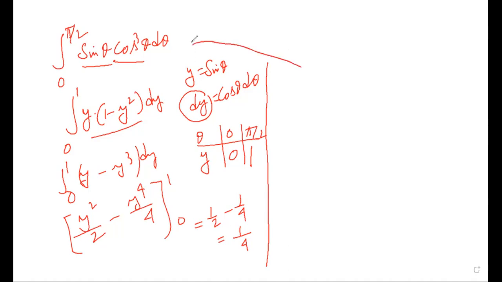See, from this expression we can write, very carefully, I leave sine theta as it is, I leave cos square theta, and write d of sine theta.